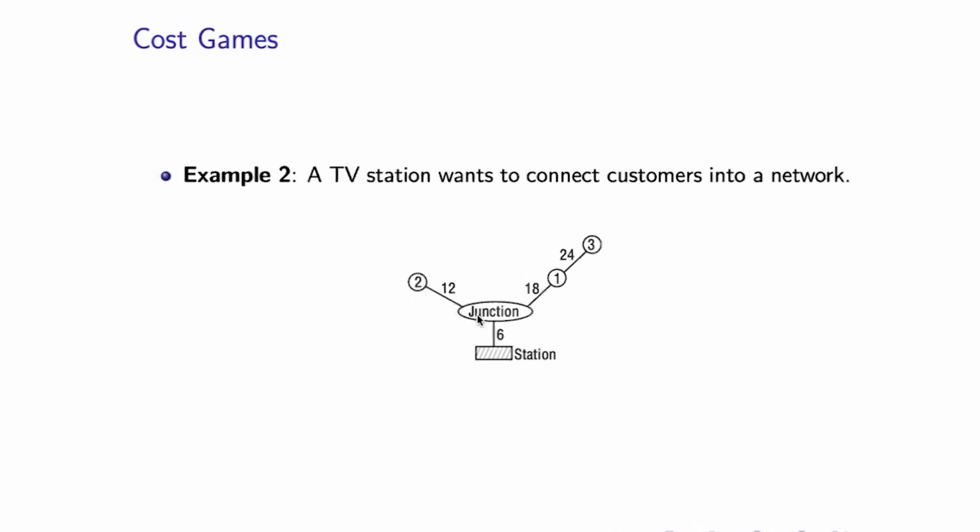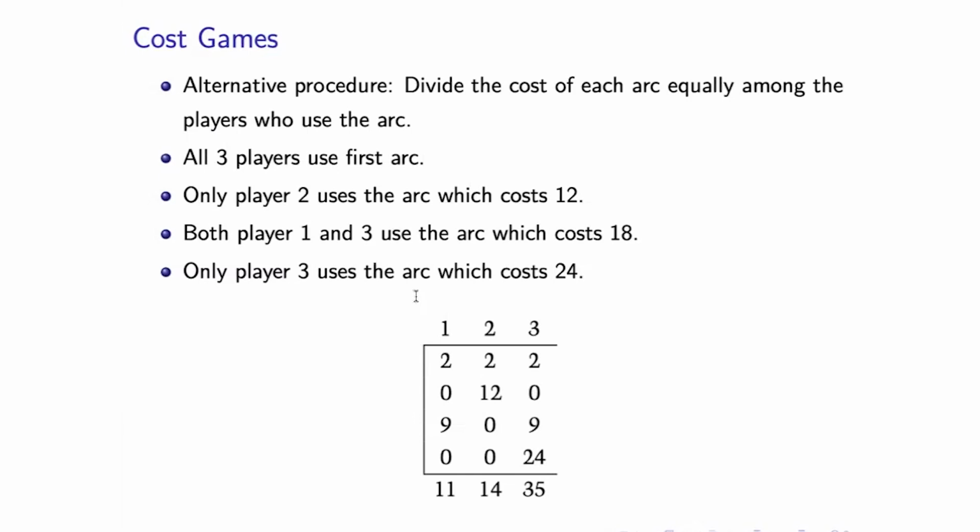Okay, let's look at the other connections. Now, suppose we are thinking of this second connection, which is the one between the junction and 2. That costs 12, and that is only of use to player 2, right? It is not of use in connecting player 1 or 3 to the station, right? So the entire cost, based on the principle that we discussed, should be borne by 2 only, right? So we note this down: for that particular arc, 1 should pay 0, 3 should pay 0, but 2 should pay 12.